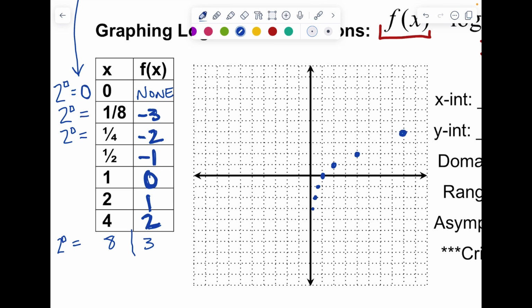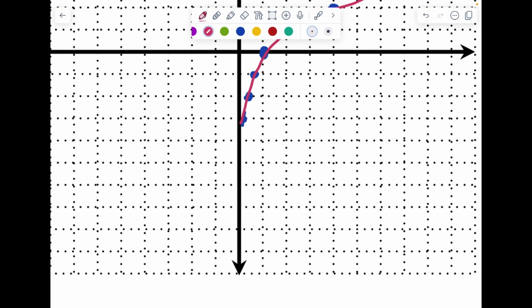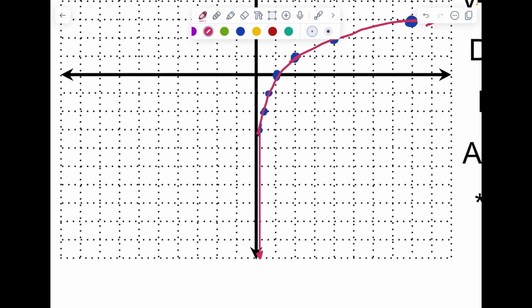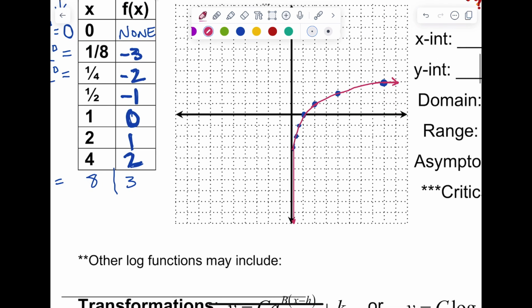So you can see this graph really starts to level off pretty quickly. It's got this upward curve, but it starts to more slowly increase. And then as we go down to this region of it, it would start to get super close to my y-axis, but not ever actually touch it.